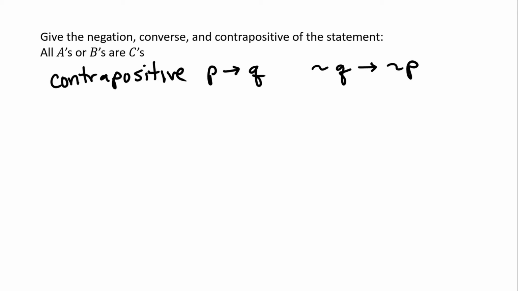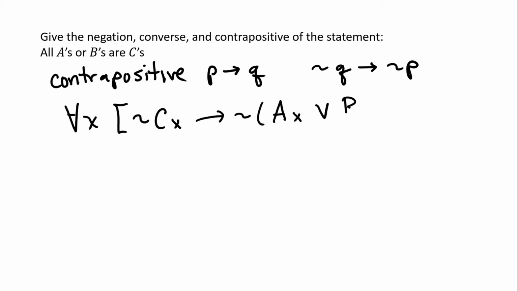So let's mess with that for a minute, okay? So for every X that's not in C implies that the X is not in A or X is not in B. This is a cumbersome way to say stuff, so let's use De Morgan's laws.